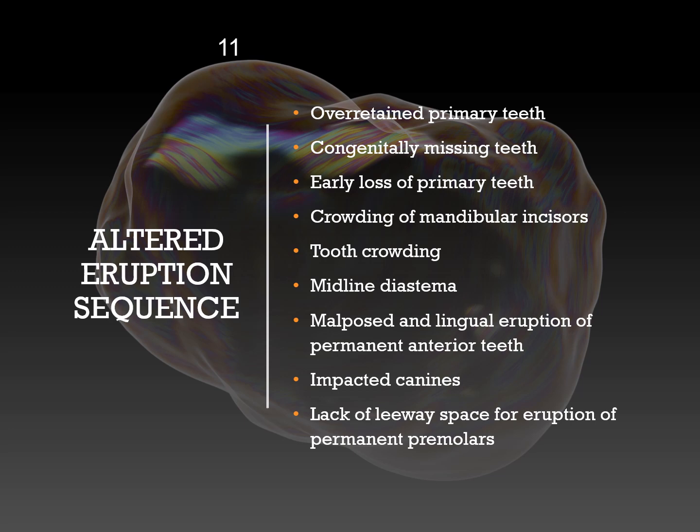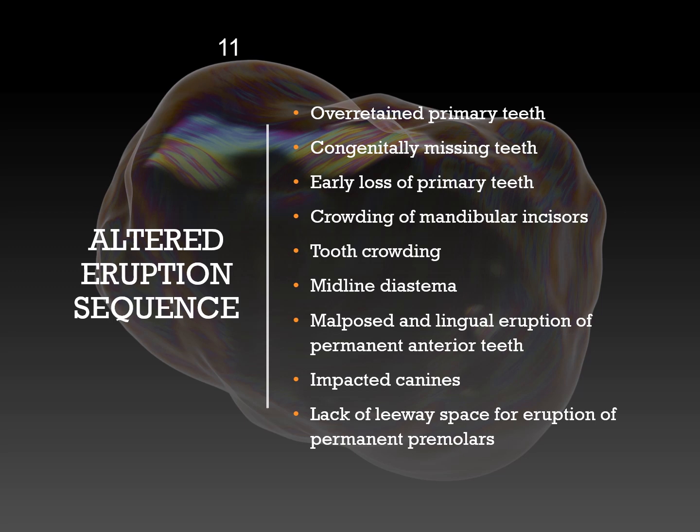We don't want to see perfect alignment of that primary dentition without any primate spacing. If we see no primate spacing and some crowding in a primary dentition, then that's usually cause for concern, and we really watch that young child as their permanent teeth should be erupting.